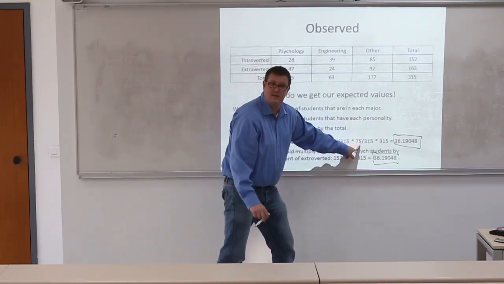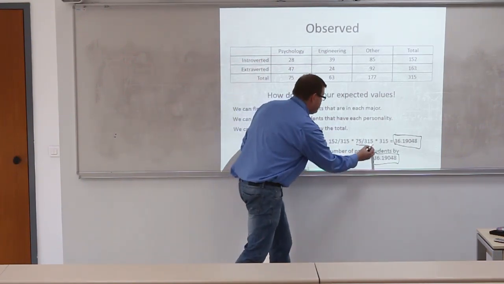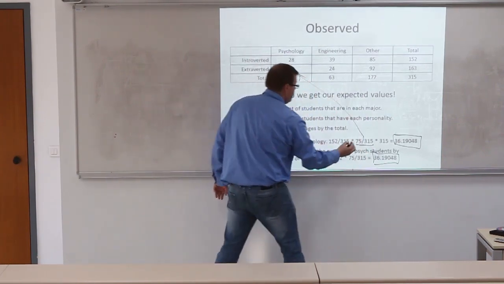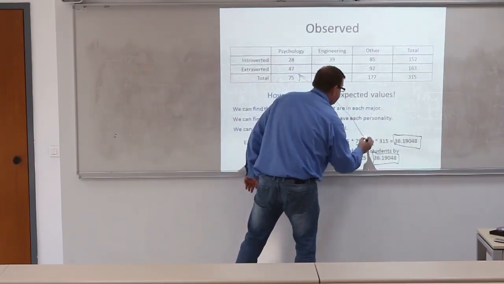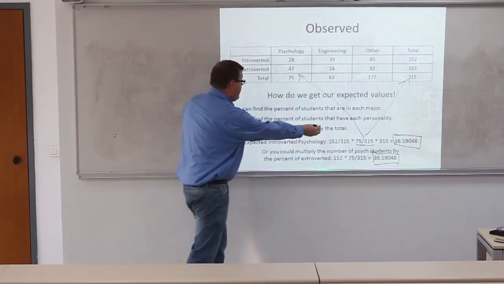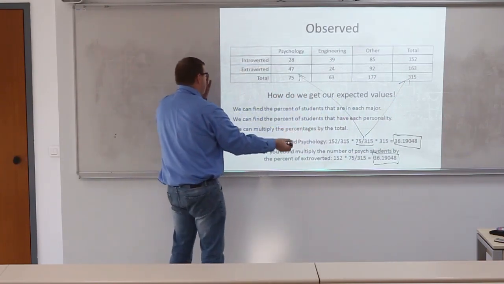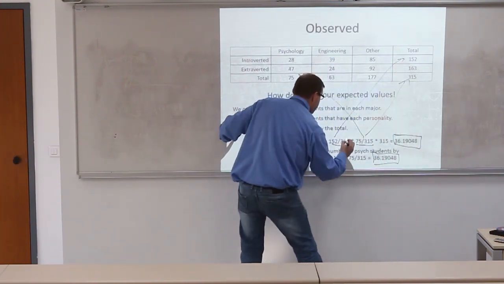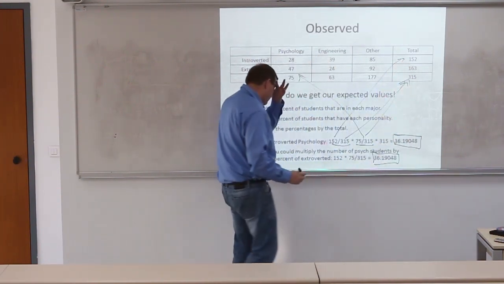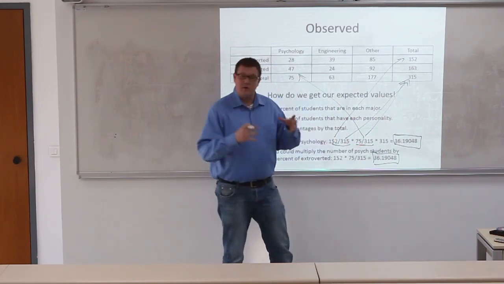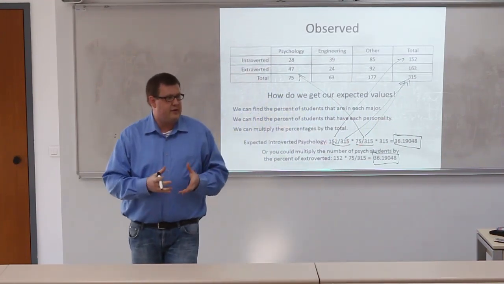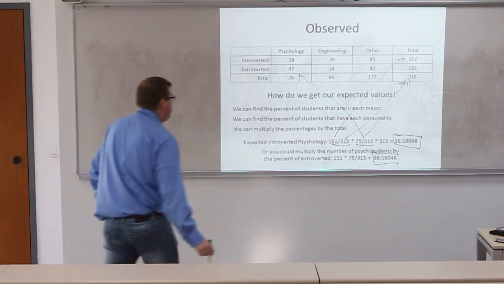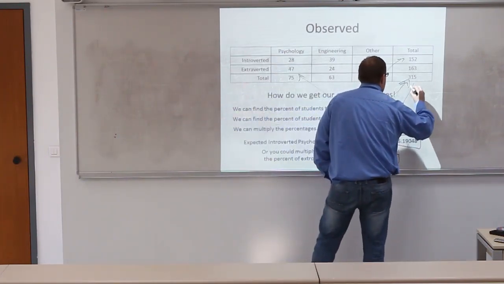This gave us the percent of students in the psychology major. The 75 comes from here, 315 comes from there, times the percent of students that are introverted. This comes from here, that again comes from here. Then multiply those two percentages together, and then multiply that whole thing by the total number of students that you have.